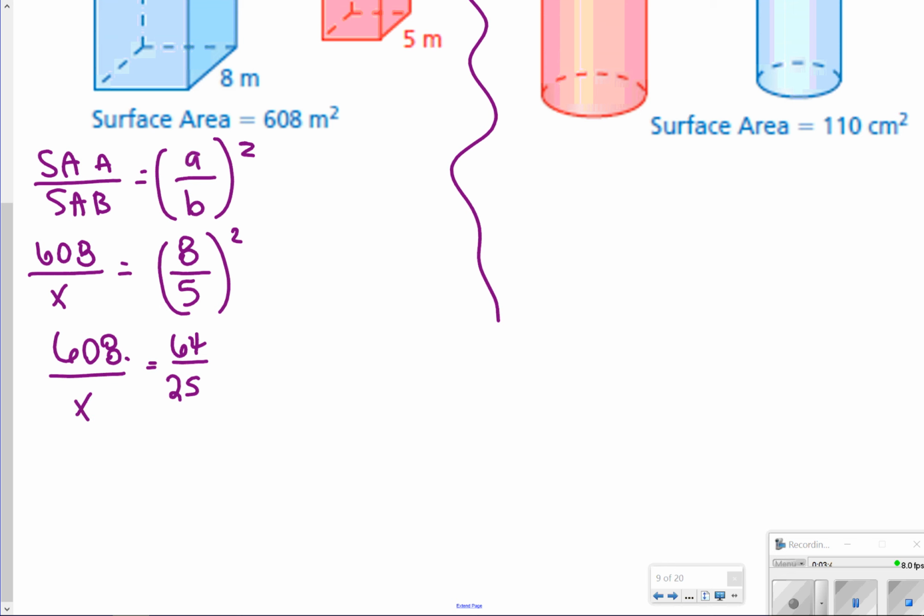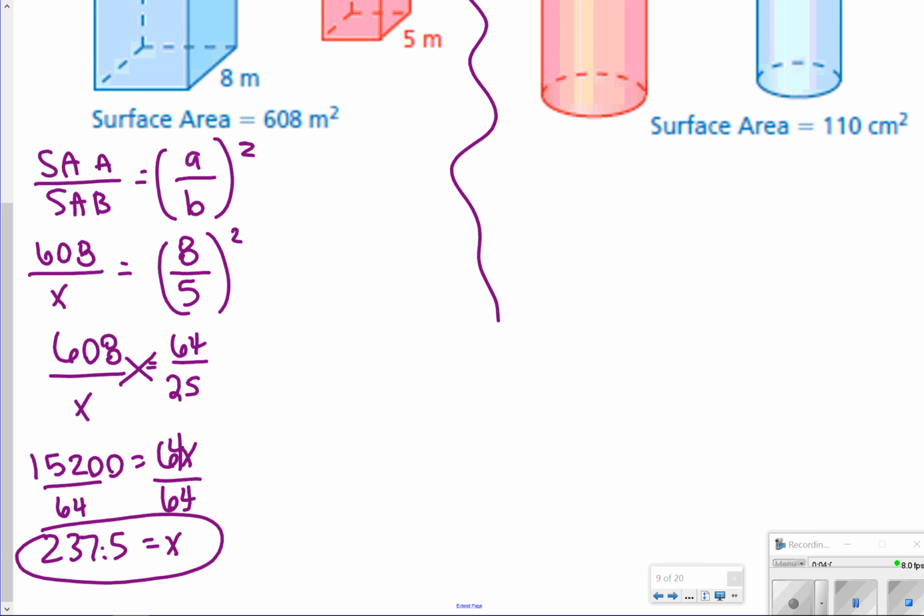I'm going to do 608 times 25 with my calculator, and I'm going to get 15,200, and then 64 times x is just 64x, and then to get x by itself we're going to divide both sides by 64. X will be equal to 237.5. That would be for number 2.